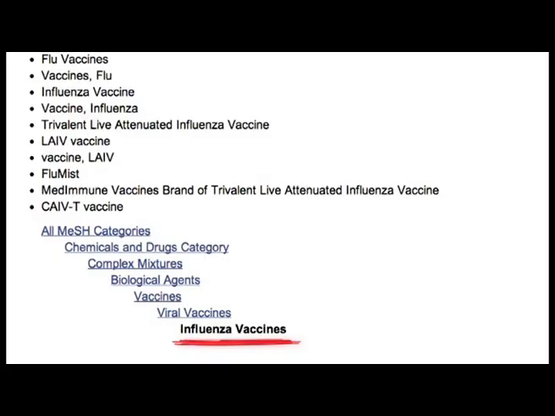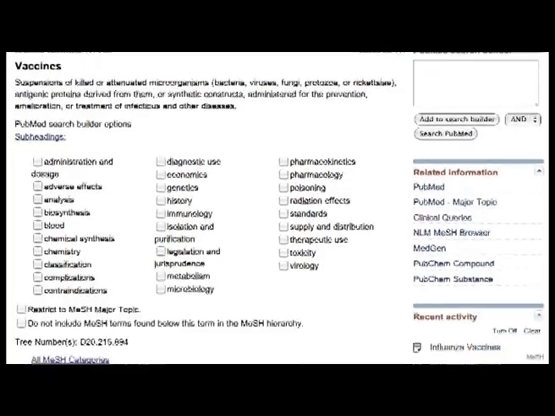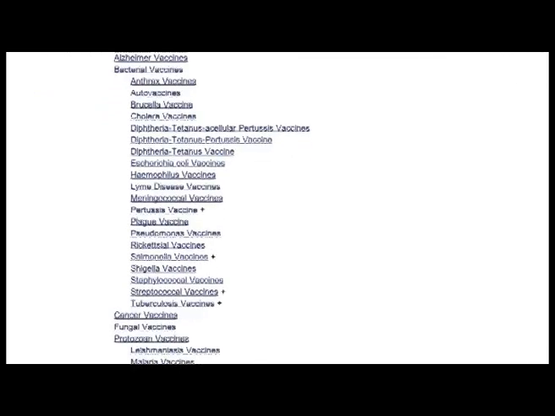In the MeSH database, terms are arranged hierarchically by subject categories, with more specific terms arranged beneath broader terms. You will notice that influenza vaccines is listed under viral vaccines, which is under vaccines. Now, click vaccines to display the variety of terms available under this concept. These subheadings may be used to narrow the search.